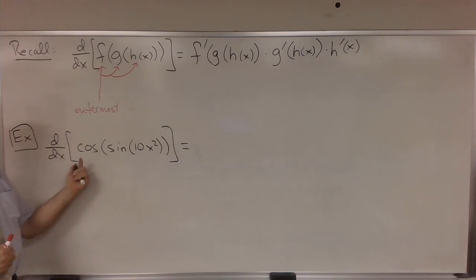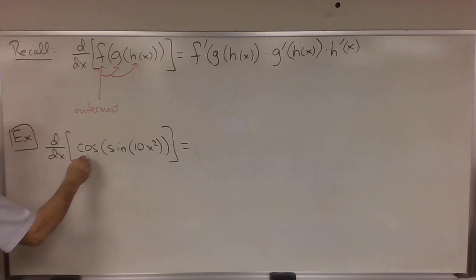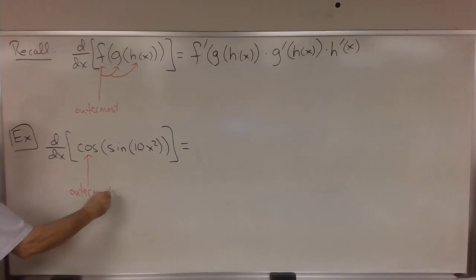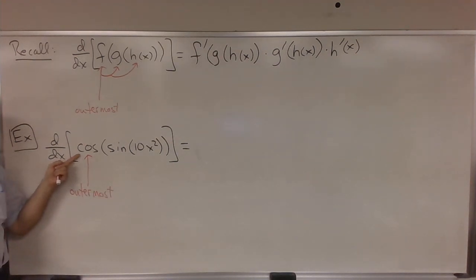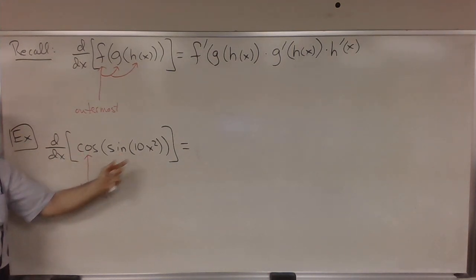And we remember the place to start is at the outermost function. So we identify cosine as being the outermost function. And we compute the derivative of the outermost function evaluated at everything inside.